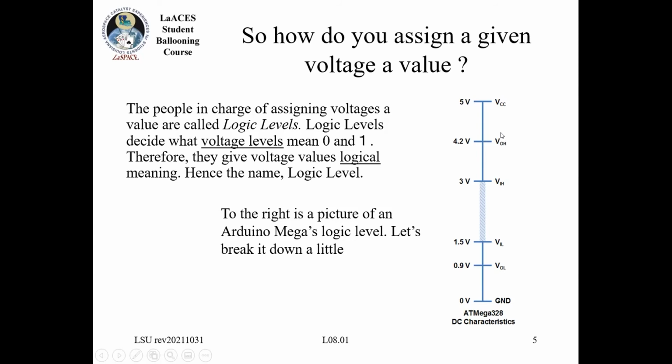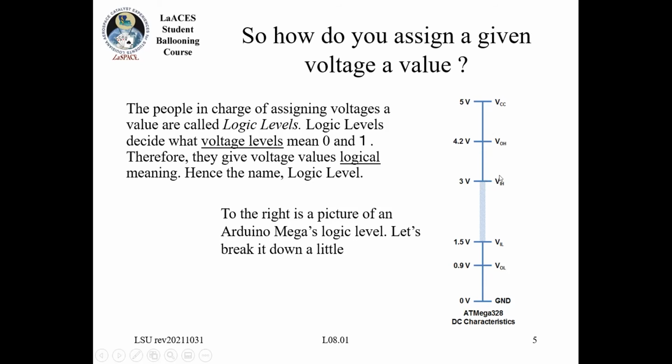For this particular logic standard, if I'm outputting a high from this circuit, that signal will be at least 4.2 volts. It may be all the way up to 5, but they're guaranteeing the lowest value that this electronics will output when it's outputting a high value will be 4.2 volts.